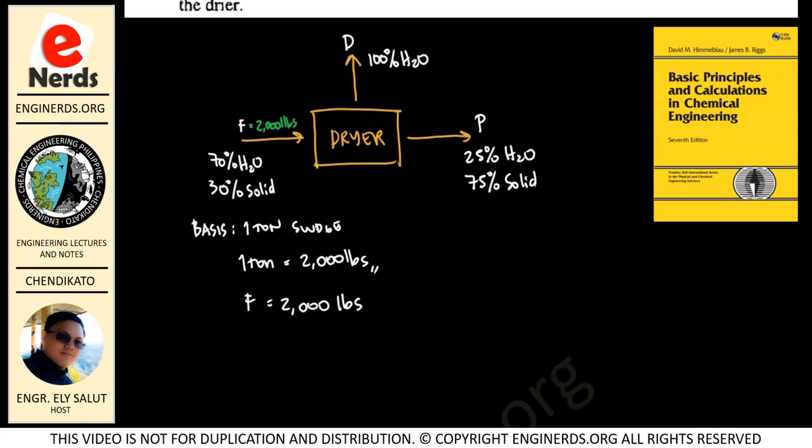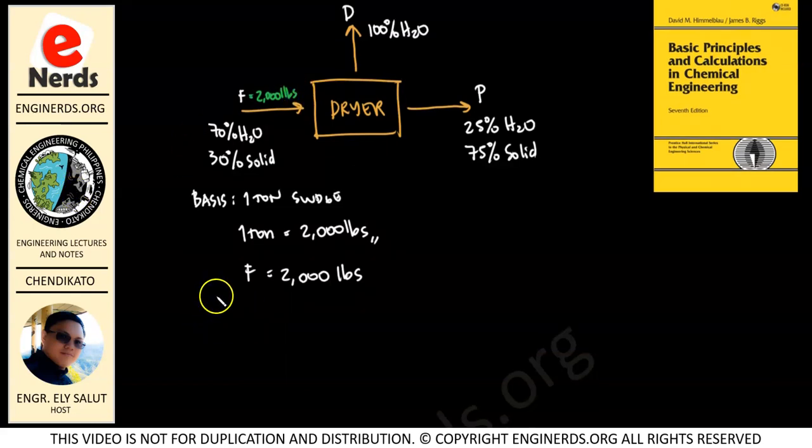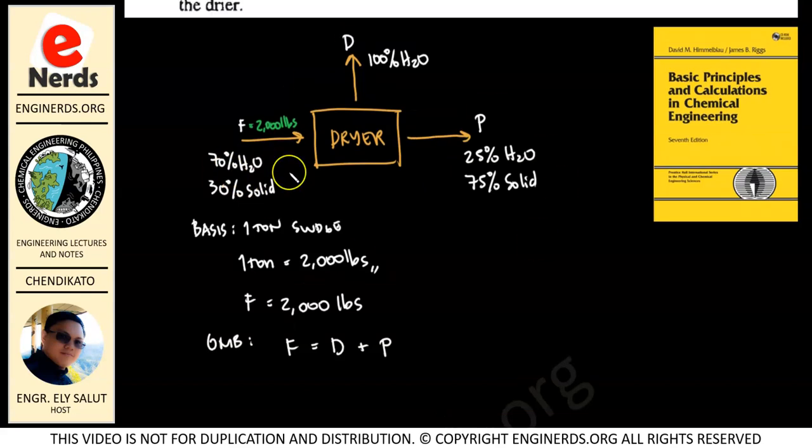Okay, so ano yung mga formulas natin? First, we will do the overall material balance. So, we have F coming in is equal to those streams coming out, which is D plus P. As of now, meron pa lang tayong value ng F. One thing we need to understand about drying is that nag-evaporate lang naman yung ating volatile component, which is water.